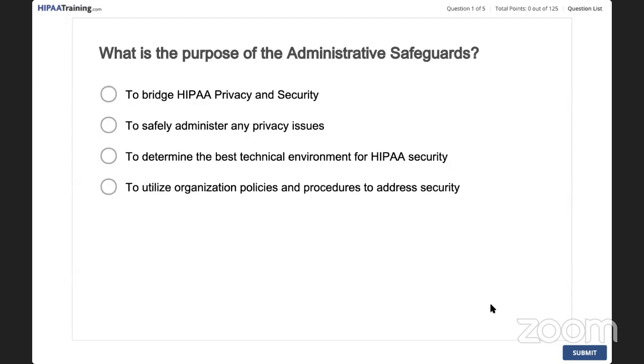Which one is it? What is the purpose of the administrative safeguards? Any suggestions?